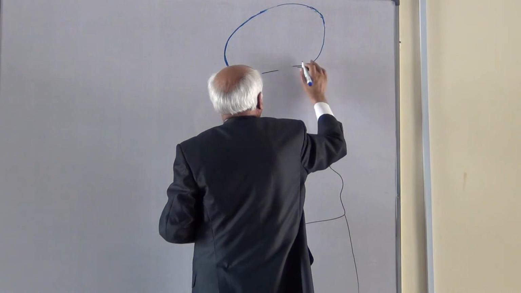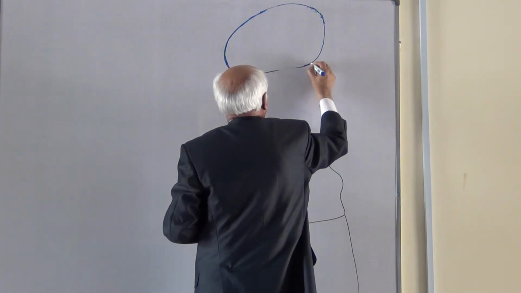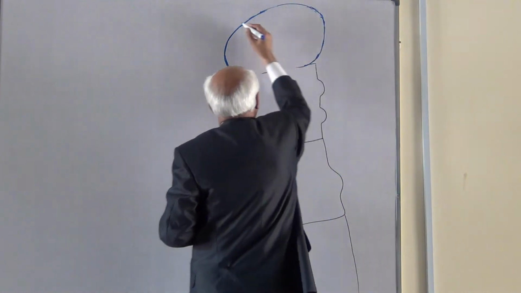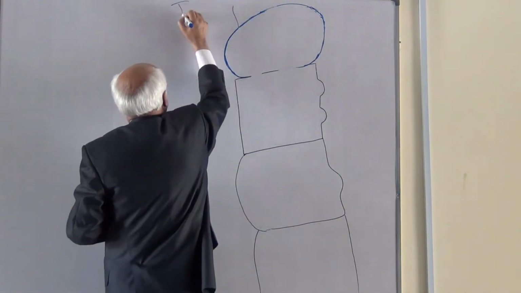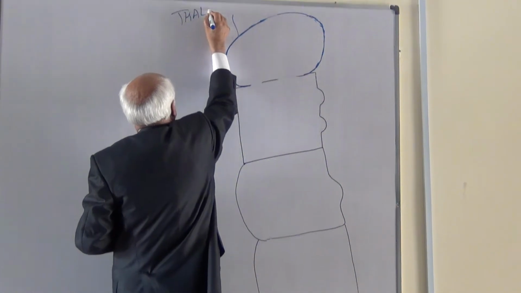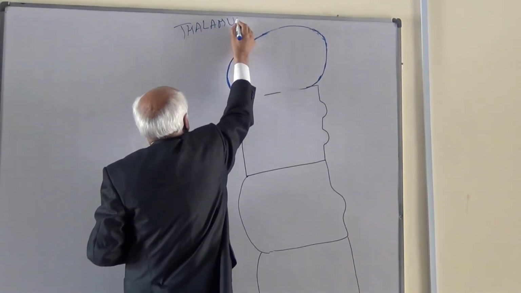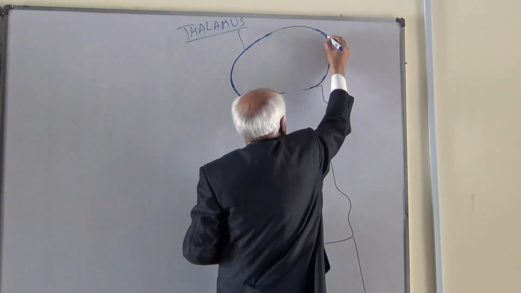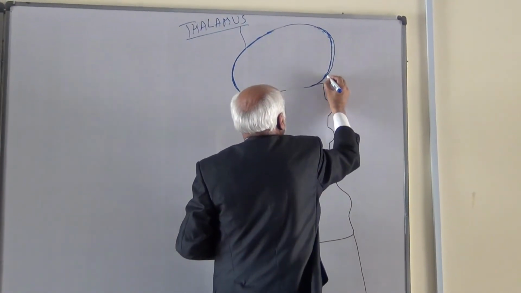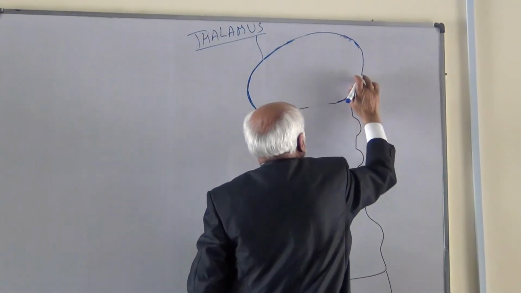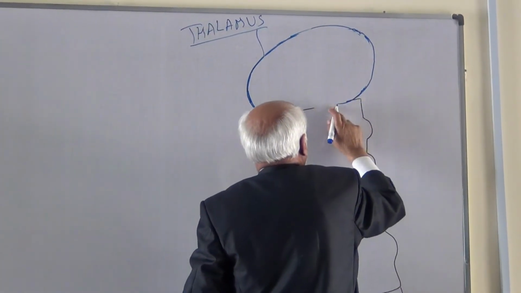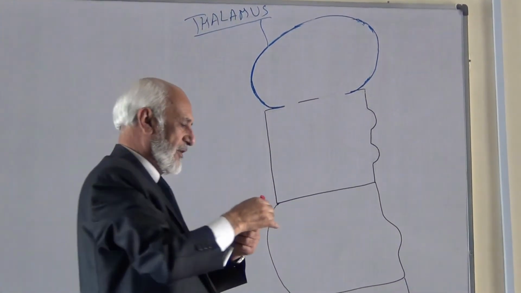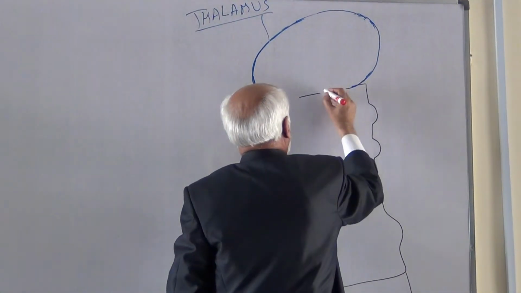The rest of the parts of the diencephalon are dissected out, and only the thalamus is shown here. This is the posterior broad end of the thalamus, which is known as the pulvinar, and on the inferior surface of the pulvinar there is a lateral geniculate body and medial geniculate body.